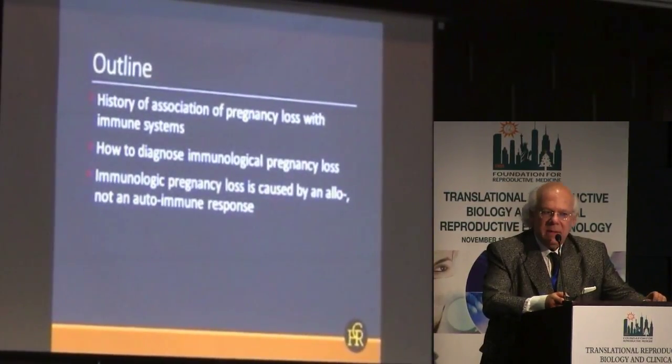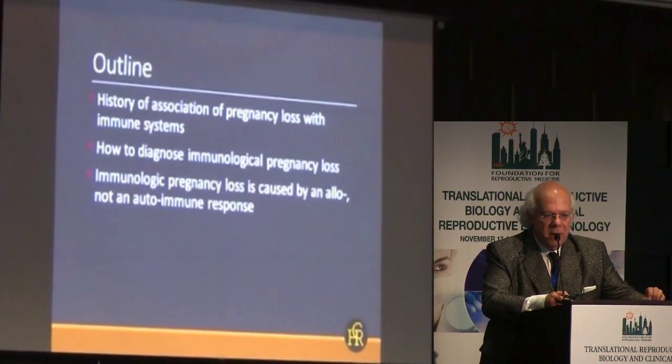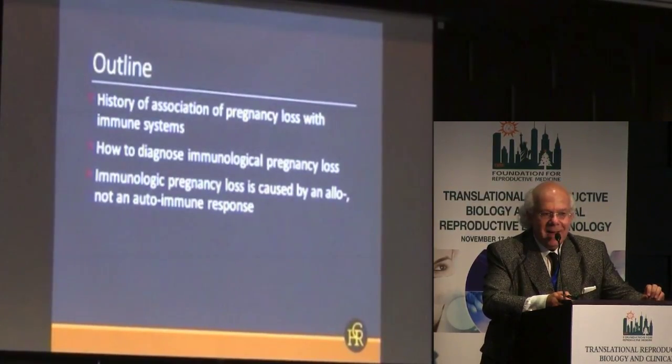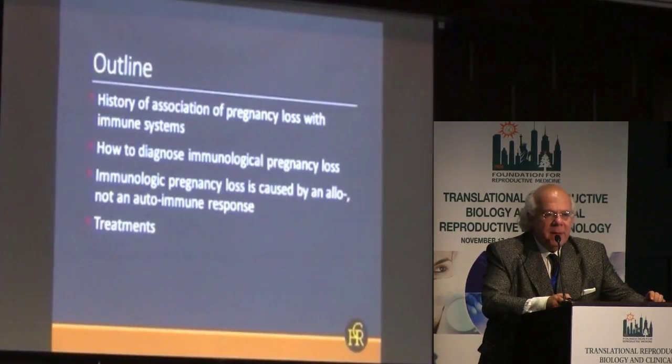Again, I will revisit the point that immunological pregnancy loss is not an autoimmune loss, as it is widely presented in the literature, but an alloimmune loss and what that means. And then I will be talking a little bit about treatments.